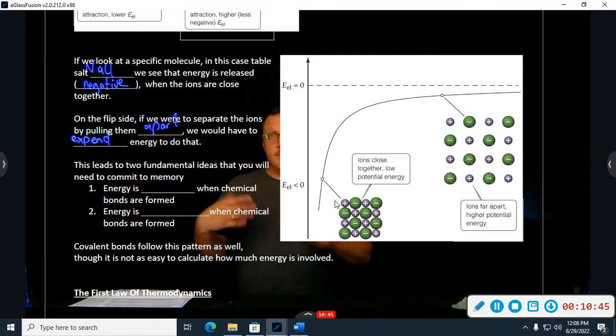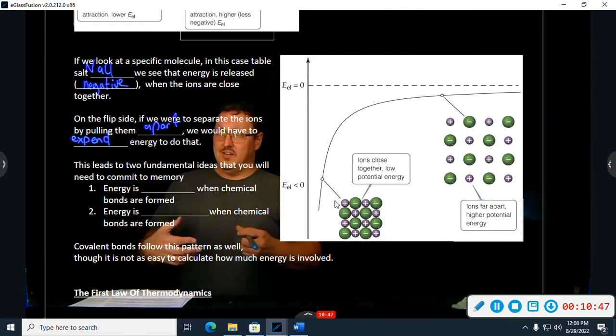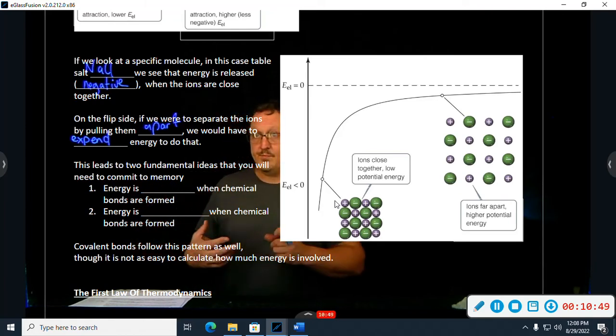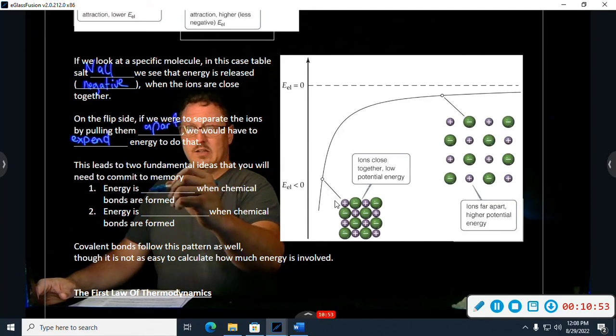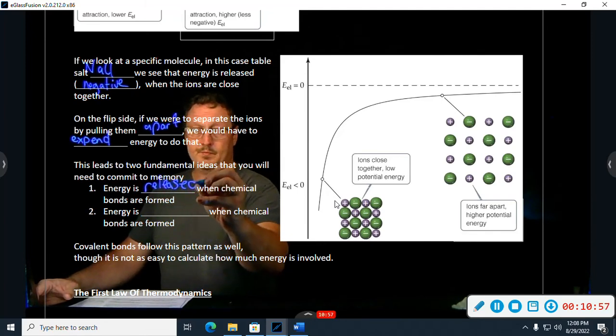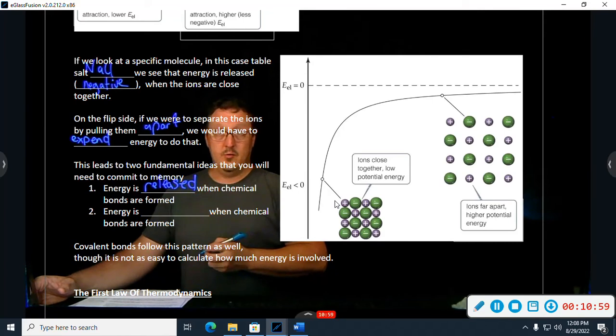Now, this is going to lead us to two fundamental ideas that you need to commit to memory. Energy is released when chemical bonds are formed.